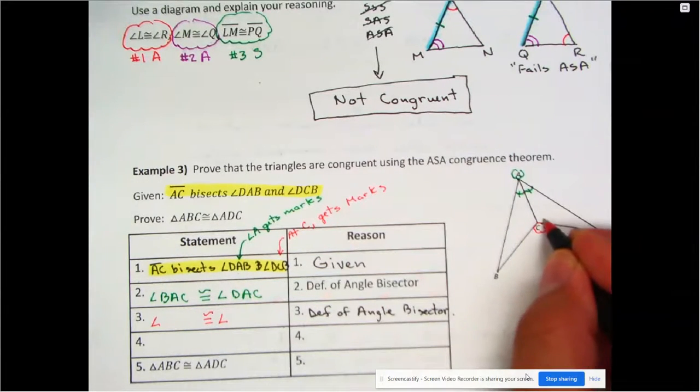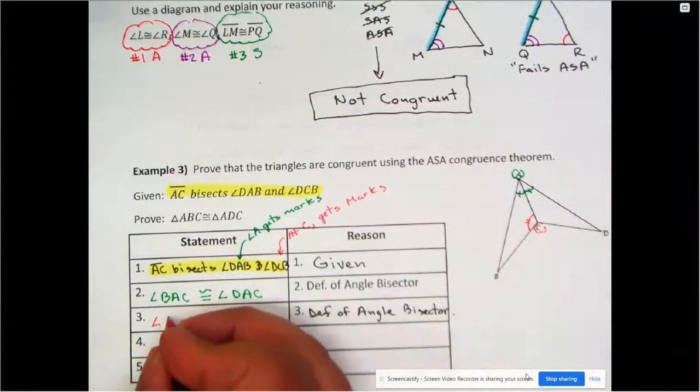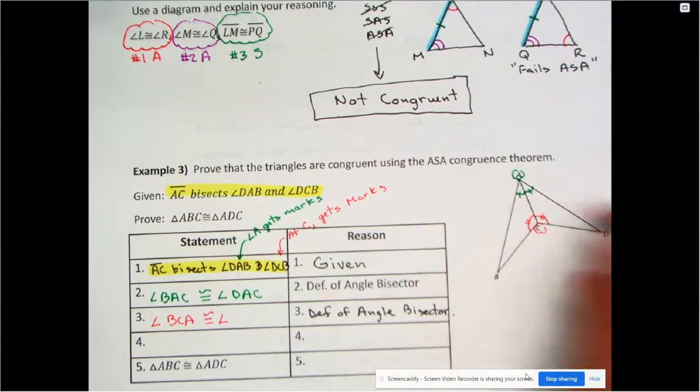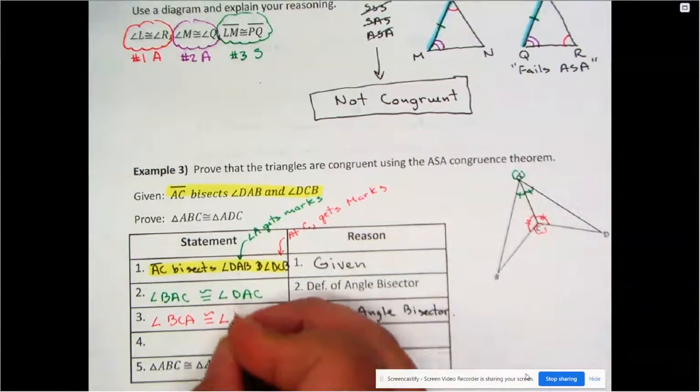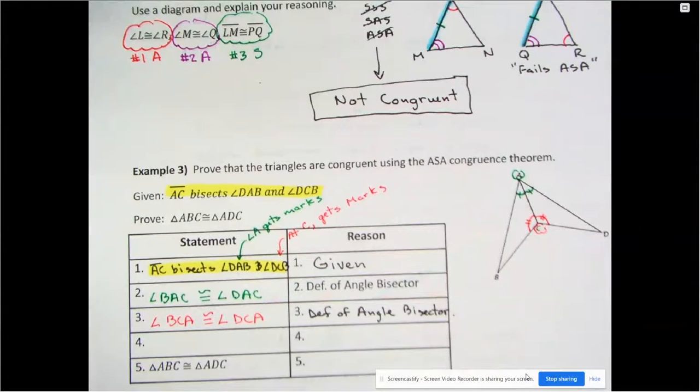Well, yeah, look, I do have 2 side-by-side angles. So this angle right here, which is called BCA, the C has to be the middle, is congruent to the one right next to it, which is DCA. And that's because of the angle bisector concept.